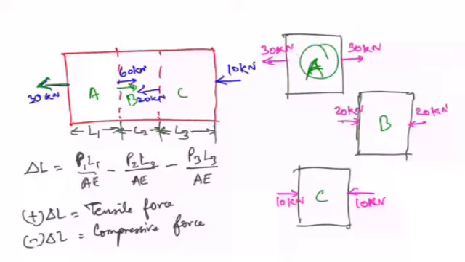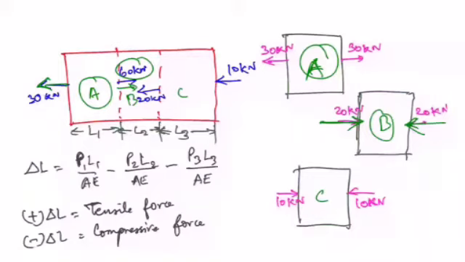Now for section B, we have the 60 kilonewton, out of which 30 kilonewton is used as a force for section A. Still we have 30 remaining. In that, 20 will be used for section B. So section B is experiencing 20 kilonewton, since the other end also is experiencing 20 kilonewton. But the difference here is this is going to be a compressive load, whereas for section A it was a tensile load.